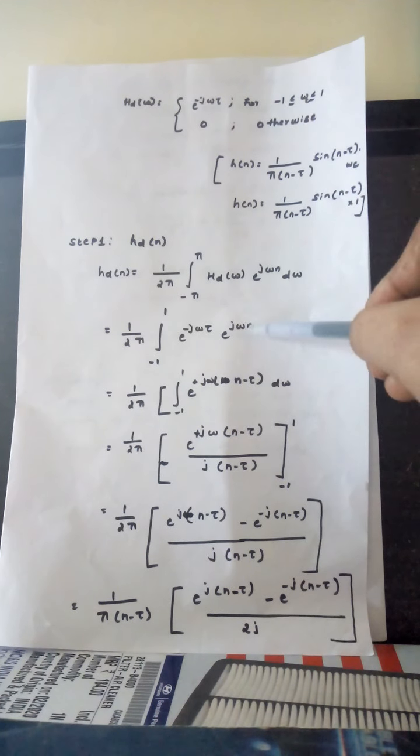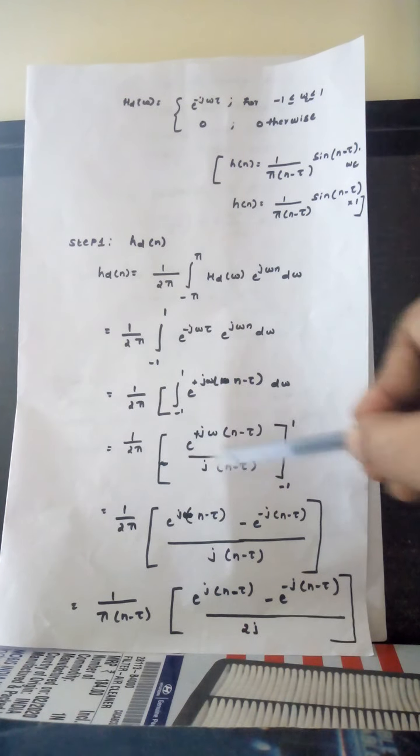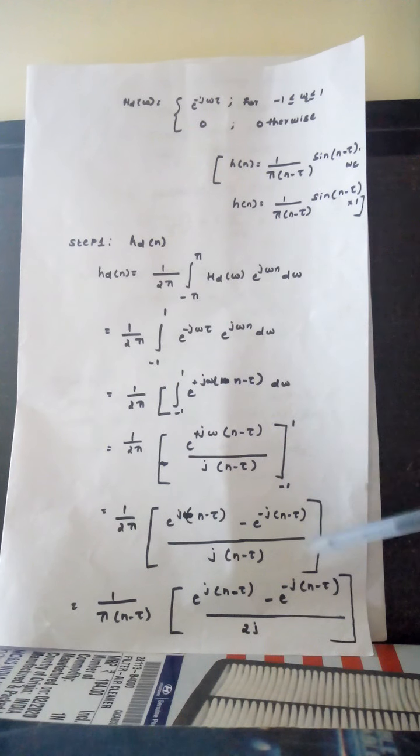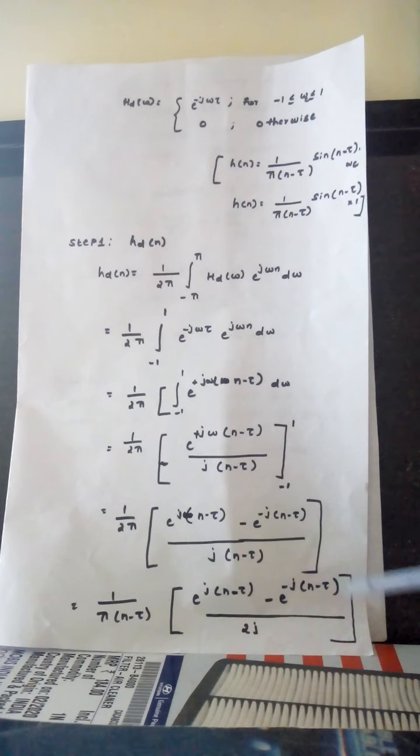If you take it outside, we get n minus tau into d omega, correct? Integrating this term, we get e to the power of j omega n minus tau divided by j into n minus tau. Substituting the upper limit and the lower limit, we get this term, correct? Again in this term I am bringing 2 inside and n minus tau outside here. So this will be in the form of sine theta, correct?